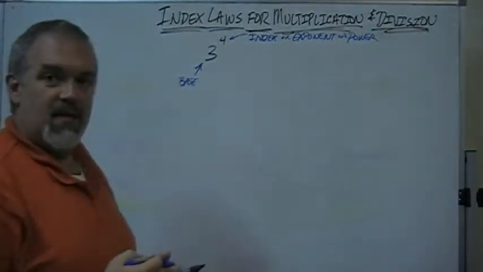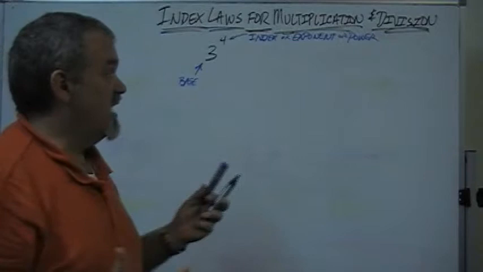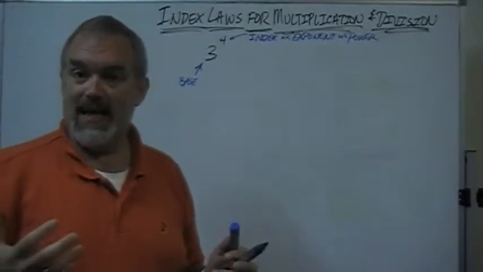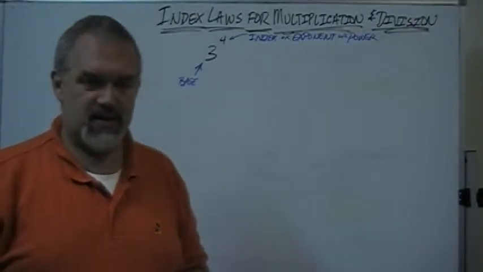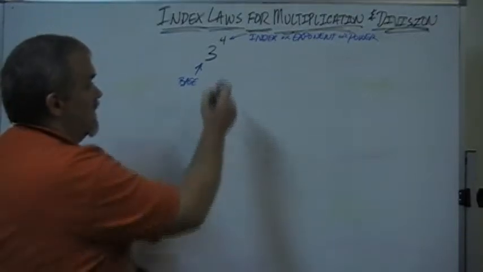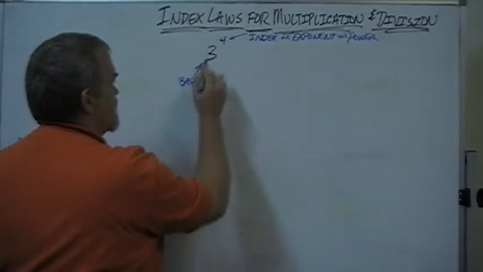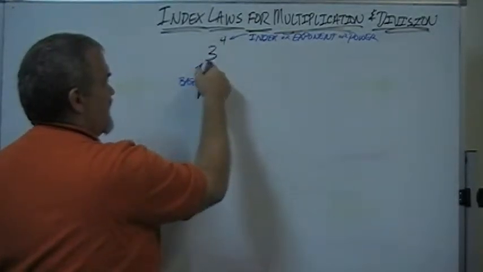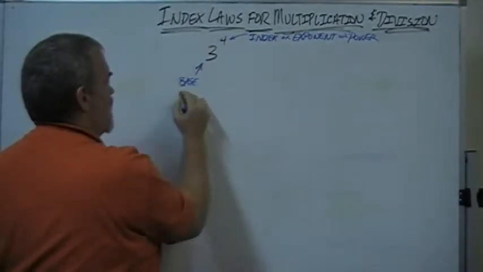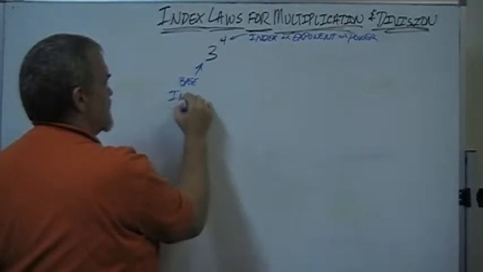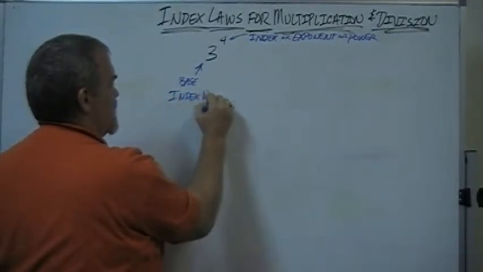All of those mean the same thing. Indices is the plural of index. Now, this form is called index notation. So if we use something that is a base raised to a power, we call that index notation.